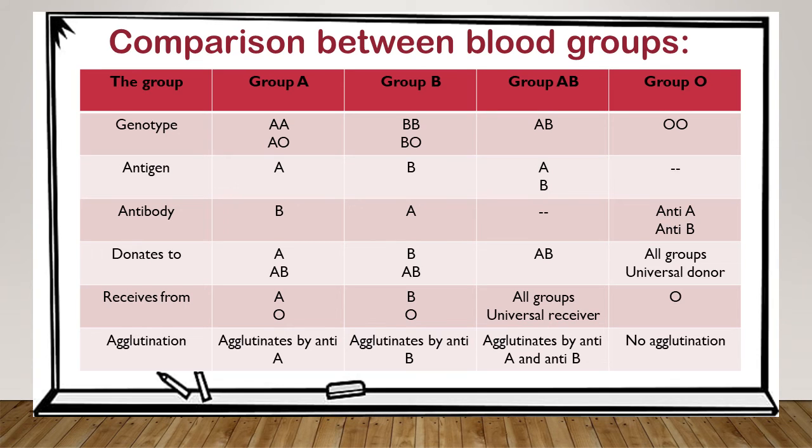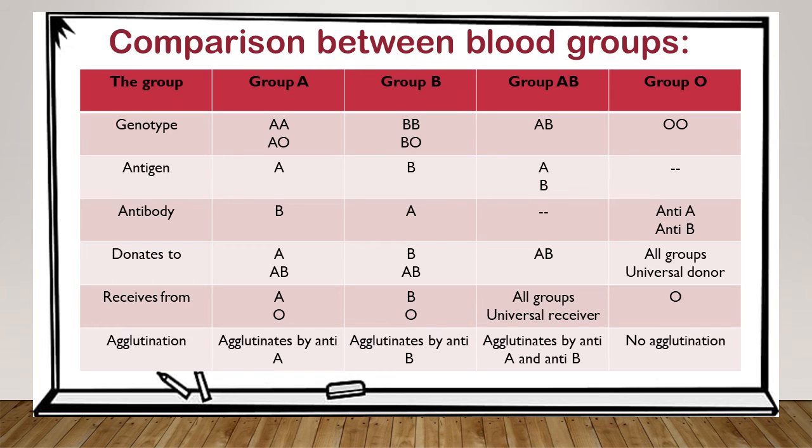About the types of antigen in each blood group, the person who has blood group A has antigen A. Blood group B has antigen B. Blood group AB has antigens A and B. Blood group O doesn't have any antigen.